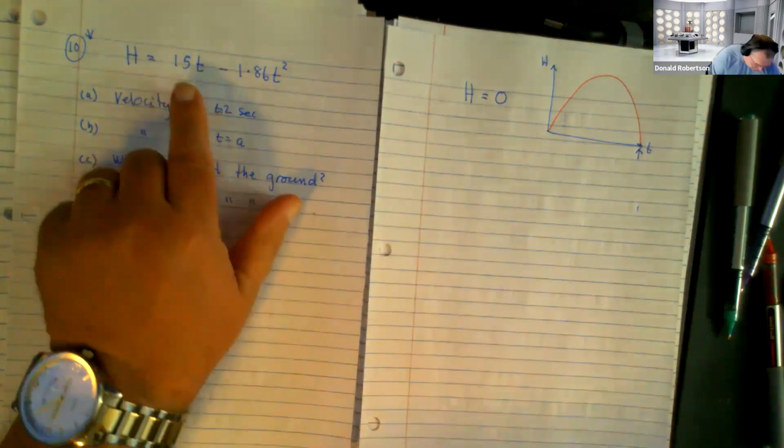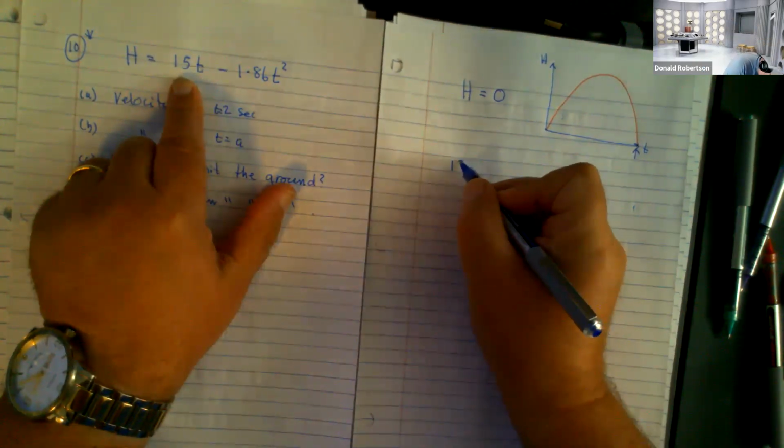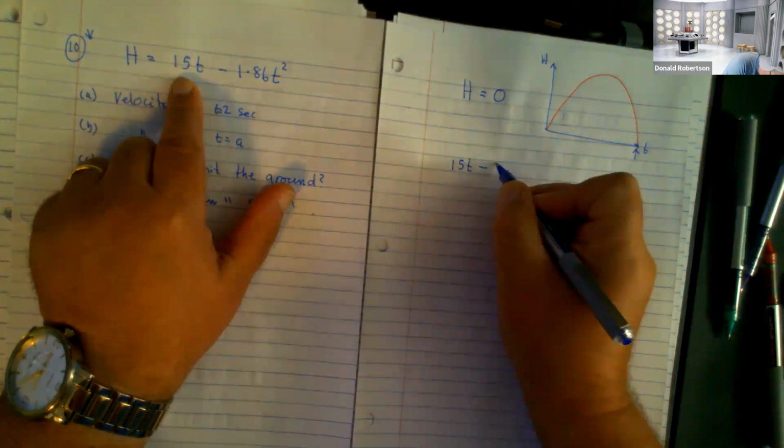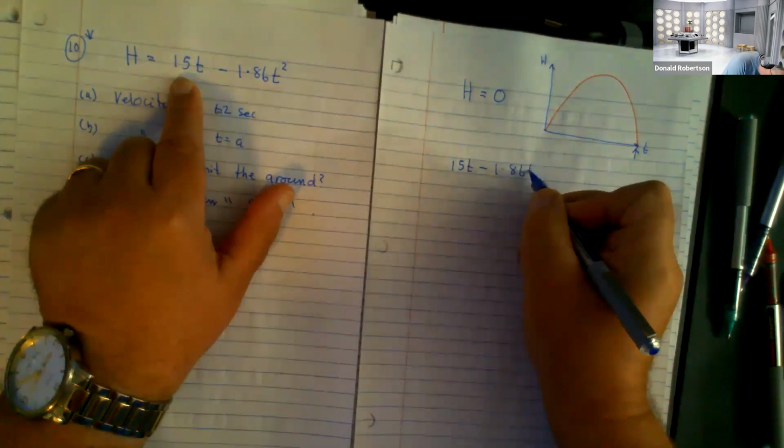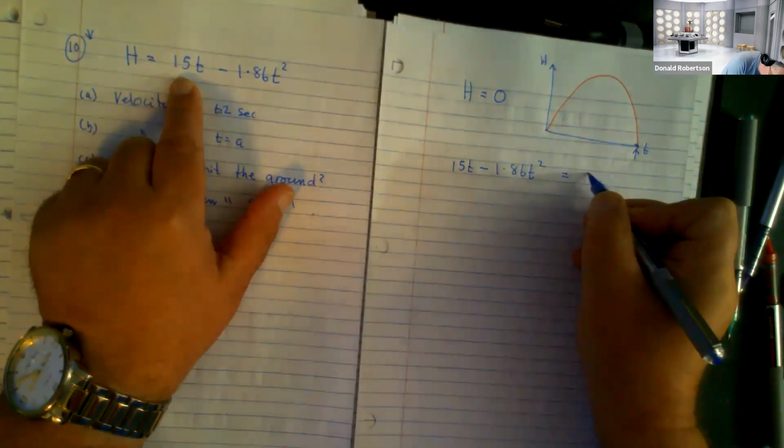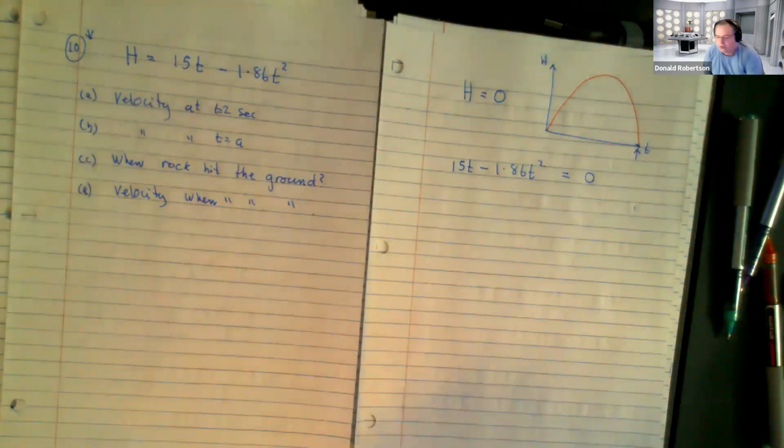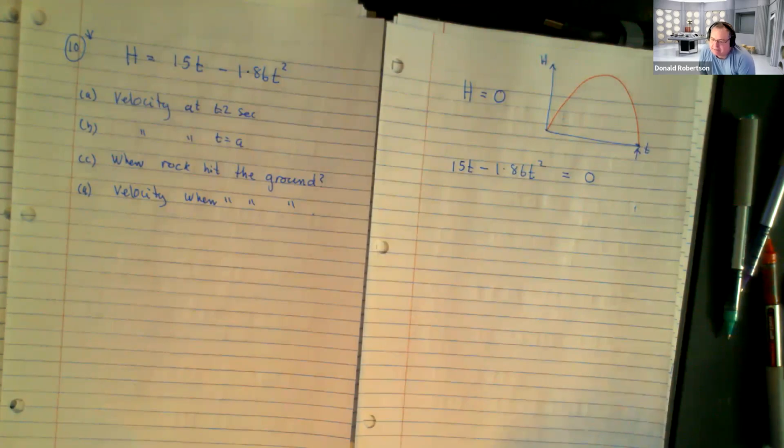We are interested in when it hits the ground, which means we are interested in solving when the height is 0. And so we need to solve when 15t take away 1.86 t squared is equal to 0? And always try and take the easy road. Don't make your life hard. Okay, what could I do to solve this equation?